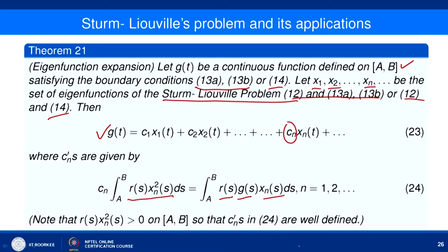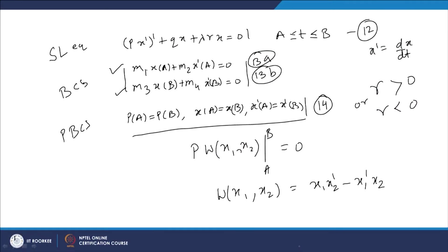So, that is the content of this theorem, and the proof is quite easy. Let me write it here. So, the proof is this: you have g(t) equal to C1 x1(t) plus C2 x2(t) and so on, Cn xn(t) and so on. What we do here is multiply both sides by r(t).